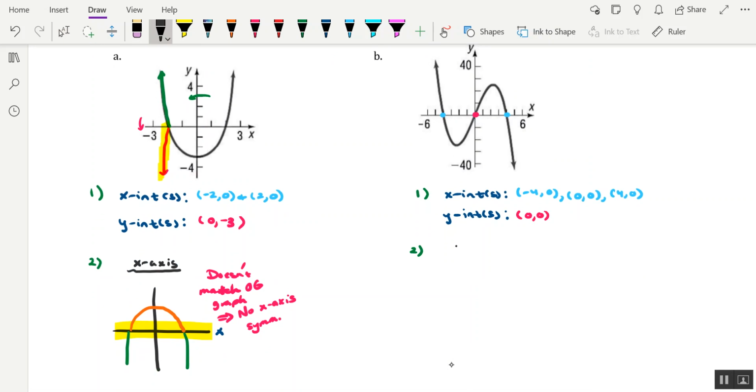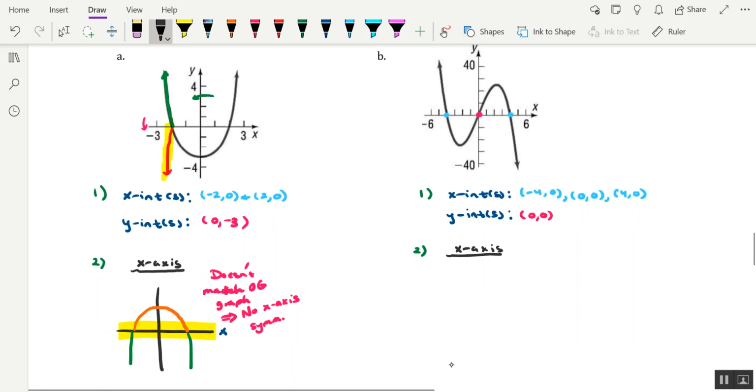Alright, we'll start by seeing if the graph has x-axis symmetry. What we'll do is reflect the different parts of the graph across the x-axis and see if it would generate the original version of the graph.